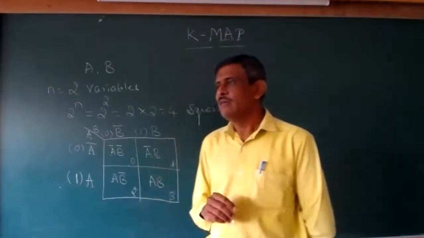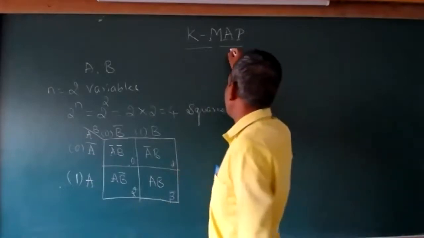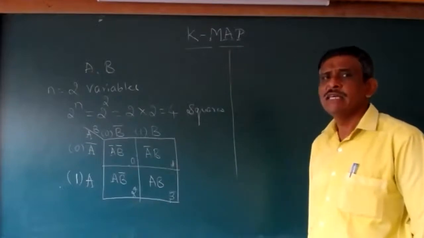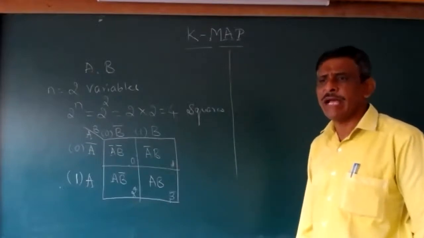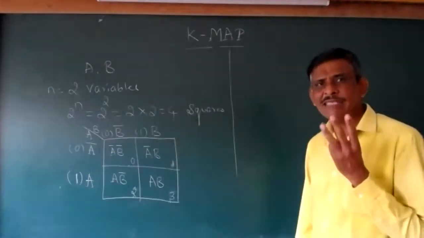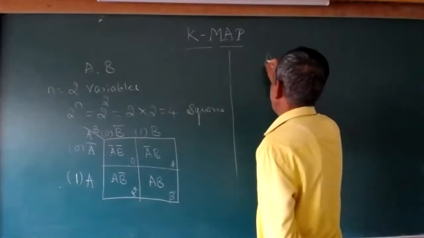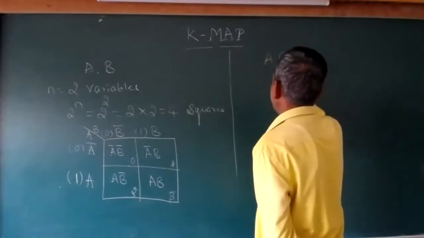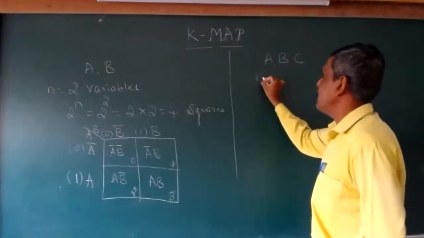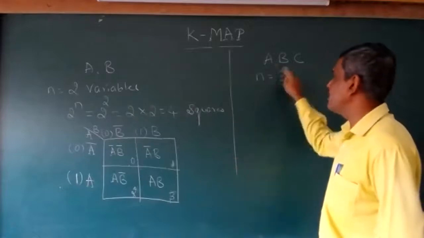And in the same way, we can proceed with the three variable K-map also. If it is a three variable K-map, then I'll take A, B, and C as the three variables. So I'm taking A, B, and C, and then it has three variables. It means n equal to 3, number of variables equal to 3.